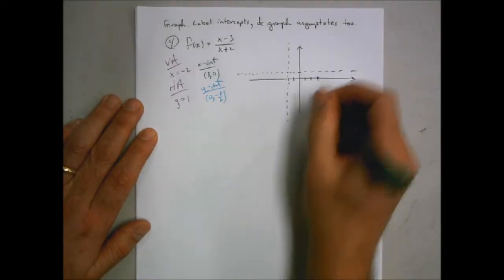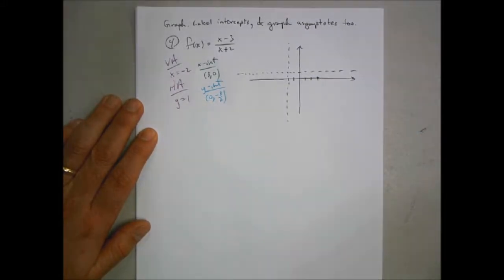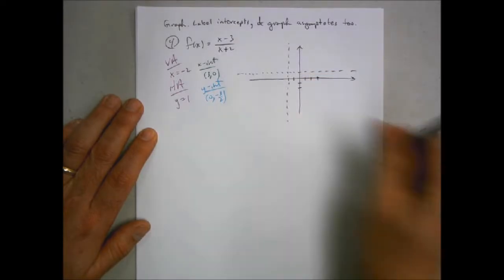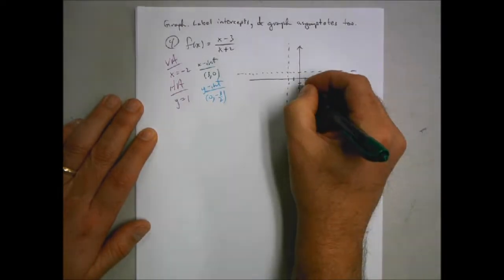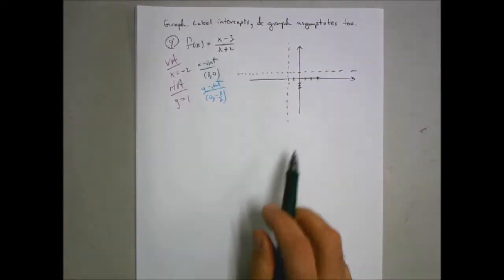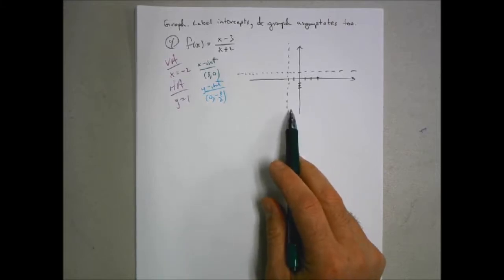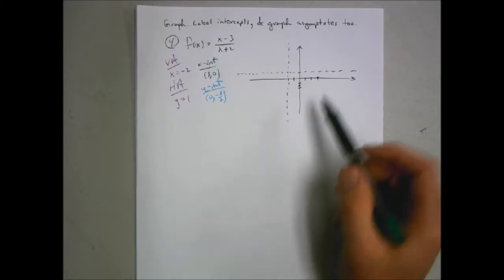Now, I already mentioned the fact that the graph will not touch or cross the vertical asymptote. Since I have points over here on the right-hand side of the vertical asymptote, let's start on the right-hand side. Now, as it goes towards the vertical asymptote, it doesn't just stop.